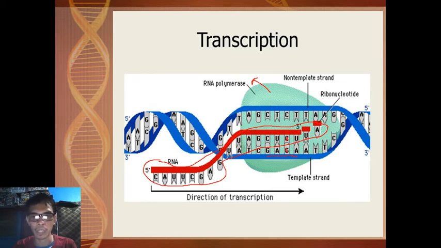So if that is G on the DNA strand, it will become C on the mRNA. Then if the DNA has A, the mRNA must have U, since T is not available on RNA. So that is transcription.